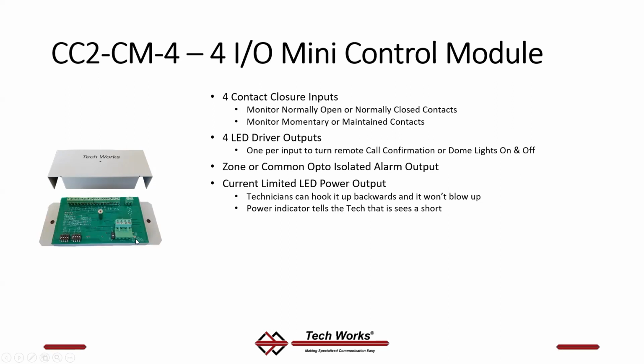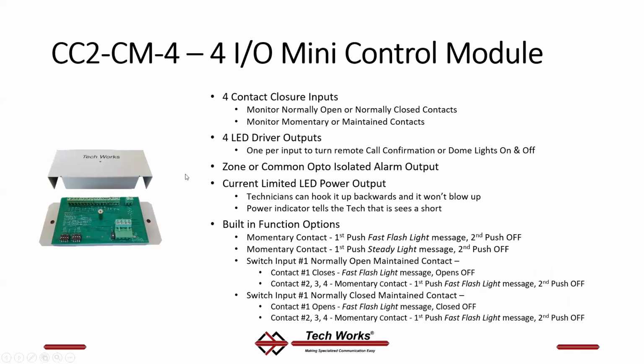When that happens, see this little light down here? That's your power indicator light. That light will turn red. If it's green, you're ready to go. If it's red, it means that you've got a short on your field wiring. Pull your wires off until the light turns green, and then go figure out why that wire is shorted. Could be swapped between switch and LED, could be the LEDs hooked up backwards. Doesn't matter. Whatever it is, that light will tell you, and it won't hurt the module.